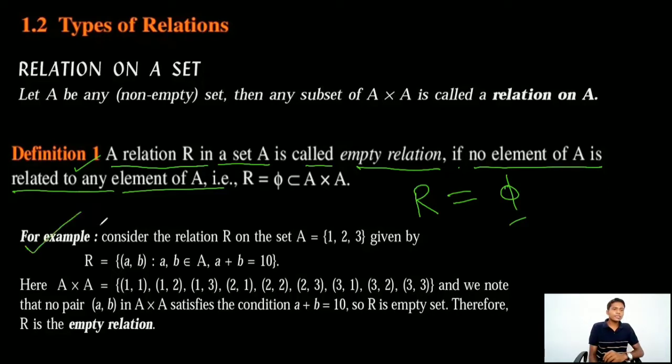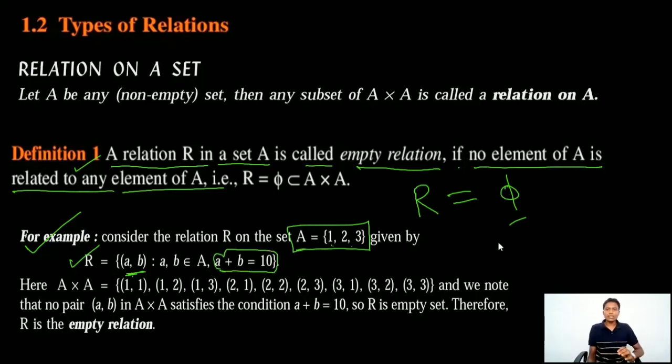Here is an example of an empty relation. Consider a set A containing the elements 1, 2, 3, and the definition of R is: the ordered pair (a, b) belongs to the set R if this condition a plus b is equal to 10 holds.